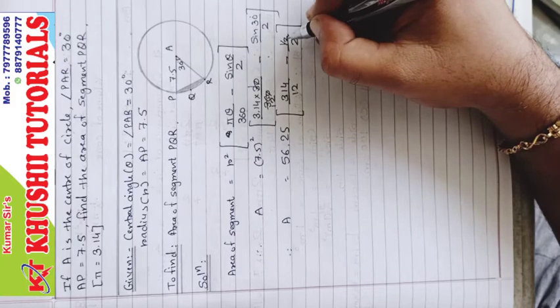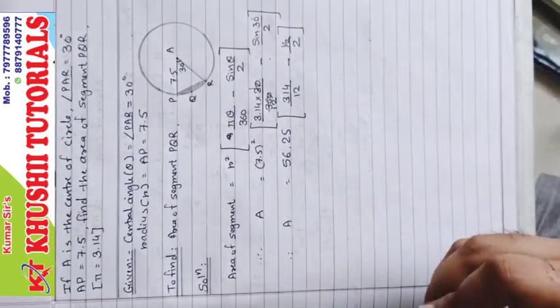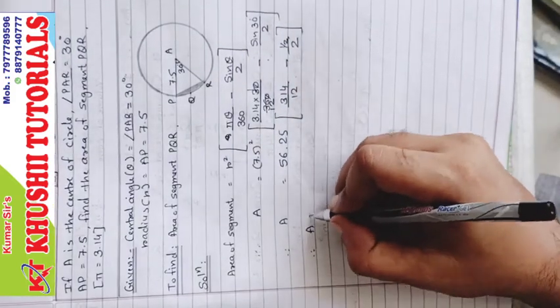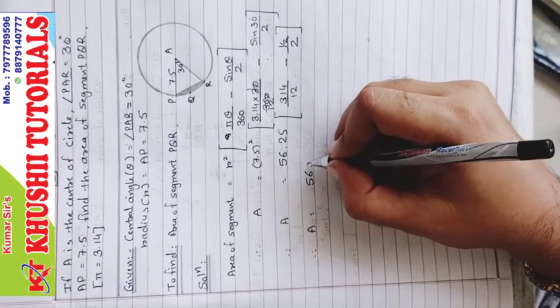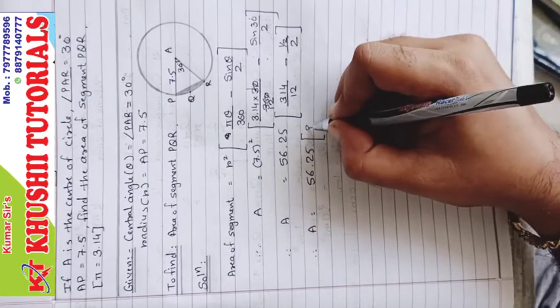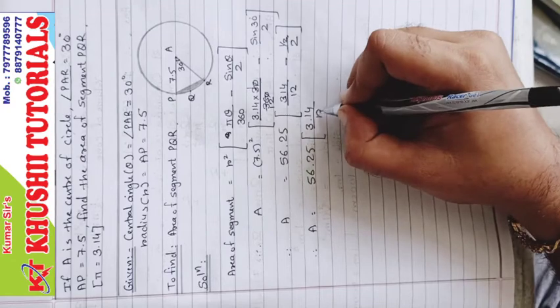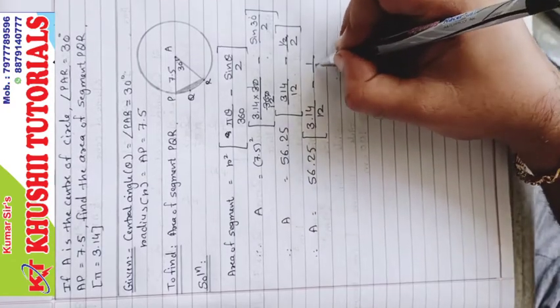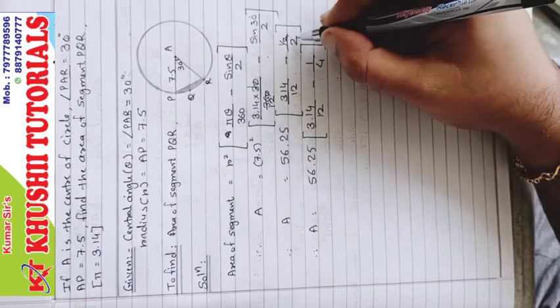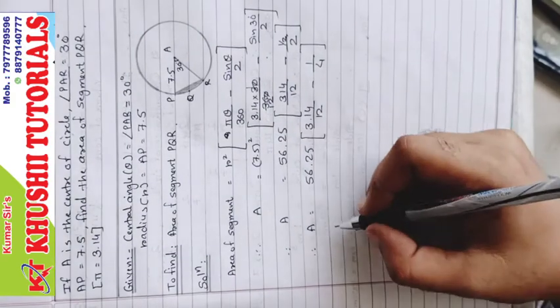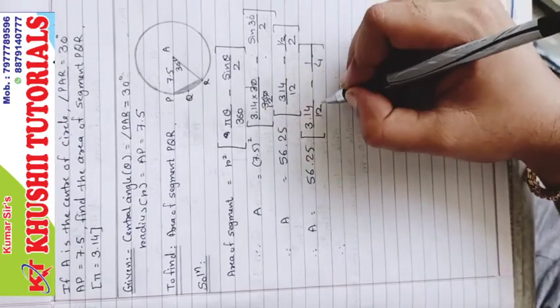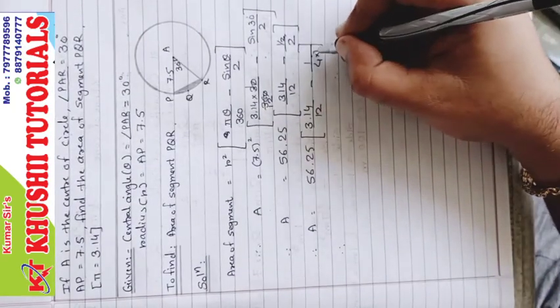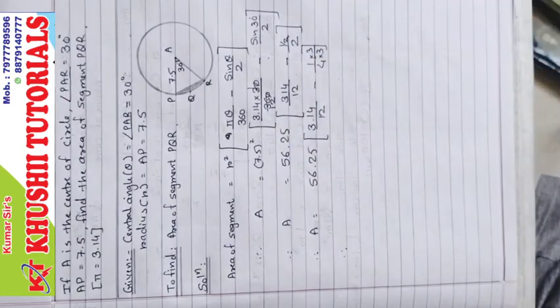Now half upon 2, this 2 will go in denominator, so it will become 4. Therefore area equal to 56.25 into 3.14 upon 12 minus 1 upon 4, because this 2 will go in denominator. Now LCM, here we have 12 and here we have 4, so into 3 we can do.